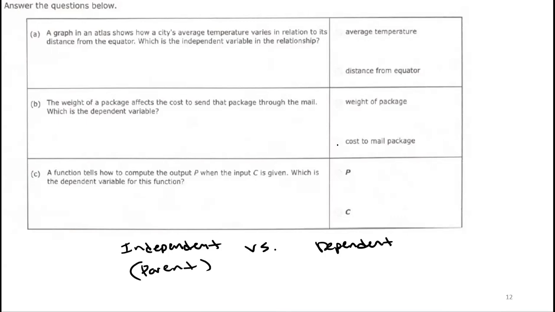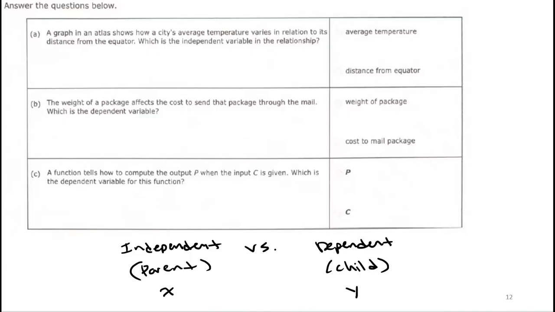They're the ones providing the shelter, the food, the clothing for the child, who is dependent upon the parent. In mathematical terms, the independent variable is represented by X and the dependent variable is represented by Y.